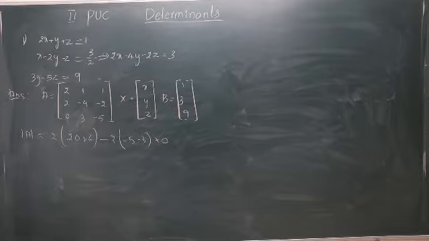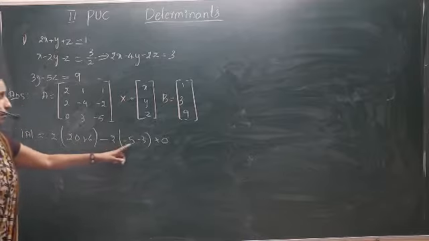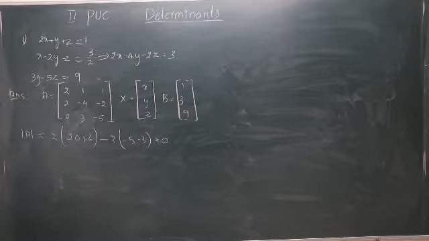So we get 26 into 2 is 52, and here minus 8 into minus 2, so 16. 52 plus 16 is equal to 68.